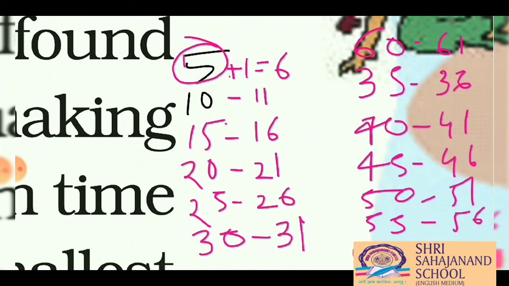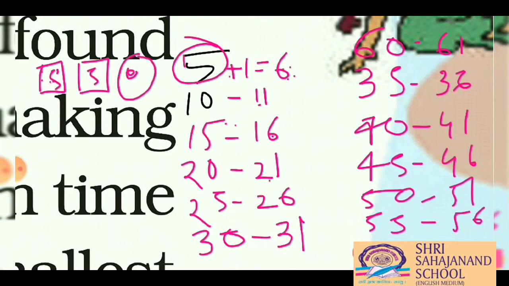So now these numbers, 6, 11, 16, up to 61, if we make a group of 5, 1 is remaining. How? For example, here is 11. So 11 means you can make 2 groups of 5. In first group you can put 5 seeds, and in another group you can also put 5. So 5 and 5, 10, and what is remaining? 1. So in this way 1 is remaining in all these cases, in 6, 11, 16, 21.